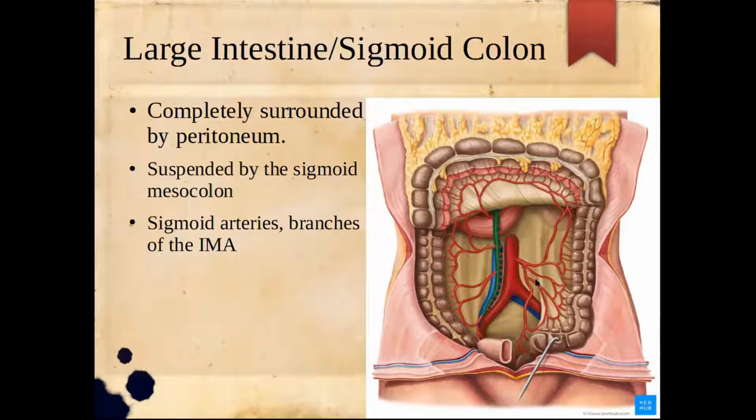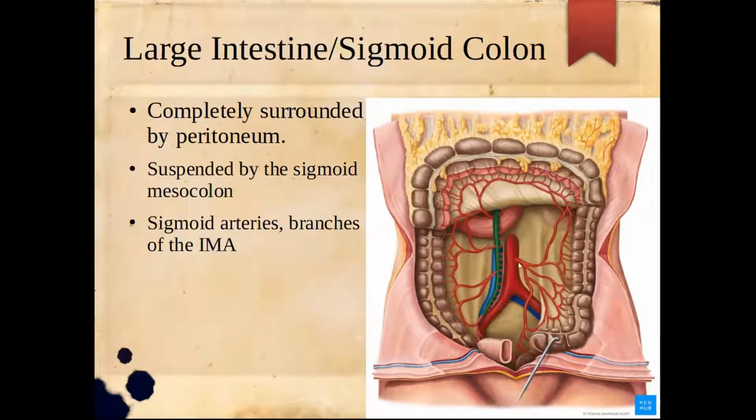And you see here, these are the sigmoid arteries, supplying the sigmoid colon. And this is the superior rectal artery. If you noted, in some lower part of the sigmoid colon, there is some blood supply coming from the superior rectal artery, and also at the junction with the descending colon, some blood supply coming from the descending branch of the left colic arteries.